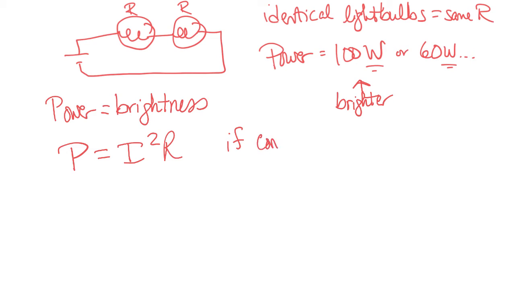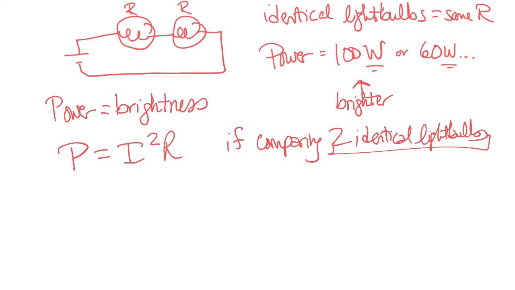If you're comparing two identical light bulbs, and so that means that they have the same R, okay? If they say, which is brighter of these two light bulbs, then what you really want to look at is the current.